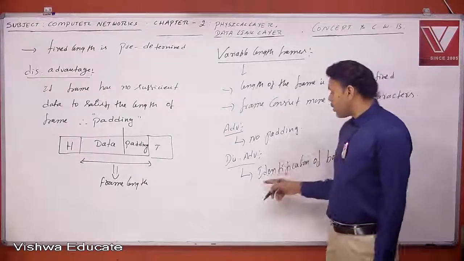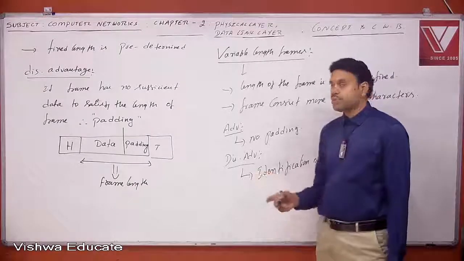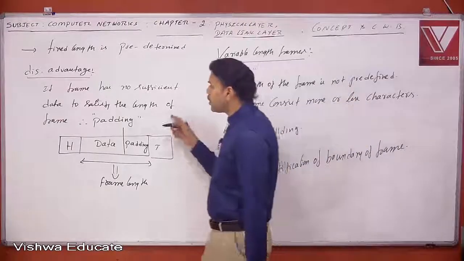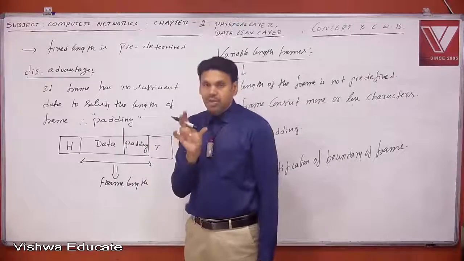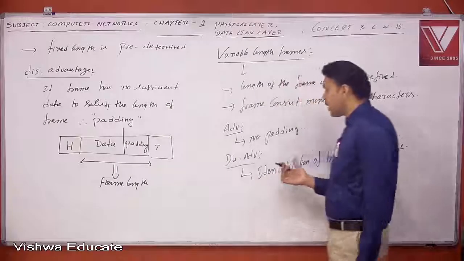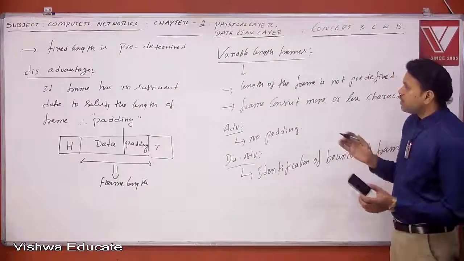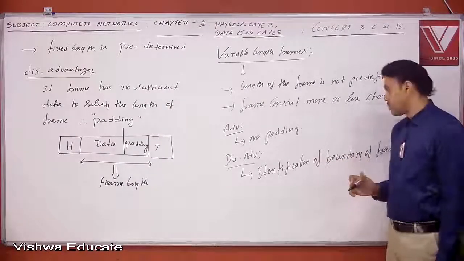That's why the drawback is it's not easy to detect the boundary of the frame, as in the previous case, because there I know the length of the frame, therefore I will cut it exactly there, and I will know that is the boundary and the rest is going to be the next frame. But here I cannot say the boundary of the frame very easily, because a frame consists of more characters or fewer characters.